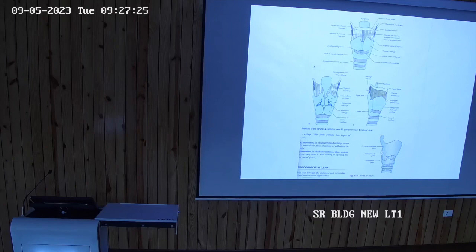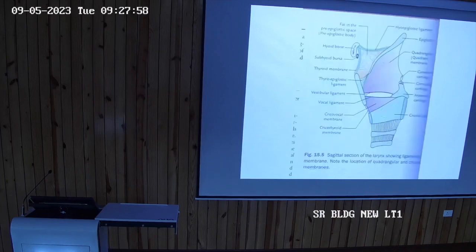Below this, just posterior to the thyroid cartilage, you can see the pyramidal shape. That is the part of the arytenoid cartilage. Just above the arytenoid cartilage, pin shaped and very small, is the corniculate cartilage, and above the corniculate cartilage there is the cuneiform. All these are the cartilages which are present in pairs.